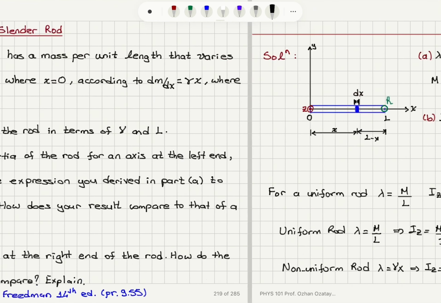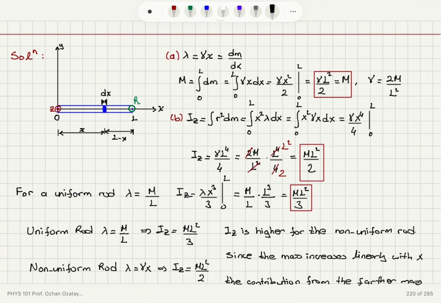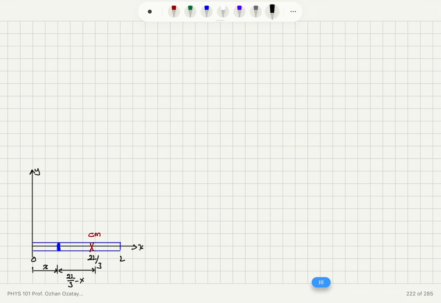So this basically completes the solution to this problem, but I want to elaborate on this a little bit more. One thing I want you to notice is that if I try to use the parallel axis theorem of some sort, the moment of inertia on the right hand side is not equal to the moment of inertia on the left hand side plus capital M L squared, where L is the distance between the two.